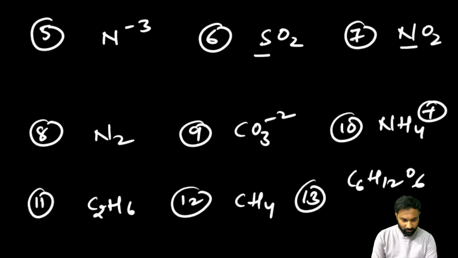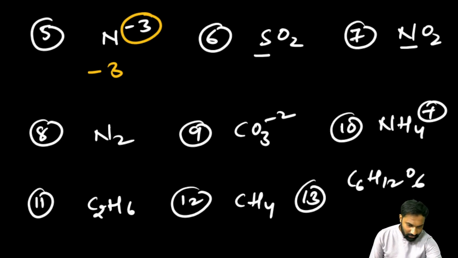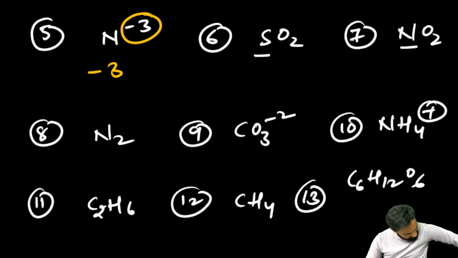Sixth one is plus 4. Fifth one is minus 3. Good. Here it is minus 3. The charge on the atom is the oxidation number for the given species. Right? Now, the charge on the atom will be the oxidation number for the given species.